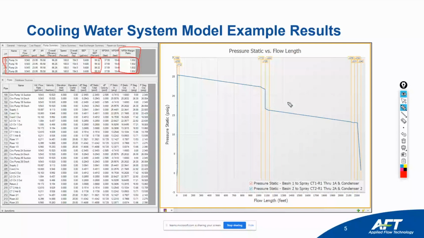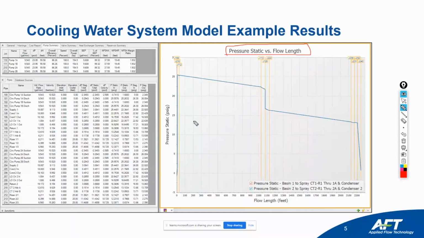You can see the individual results for the flow rates and velocities and pressure drops in each individual pipe run itself. And then doing profile plots is also helpful to be able to examine how your pressure changes throughout your system over the flow length.